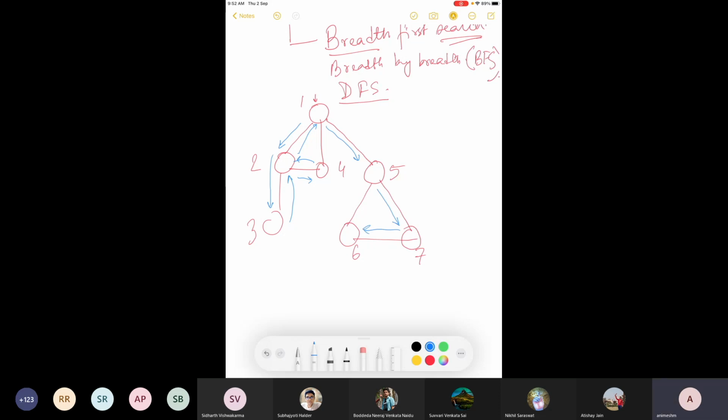It could have gone to 6 and then 7. Going to any one of these is possible. Goes to 7, goes to 6, come back to 7, come back to 5, and then come back to 1. So this is a depth by depth traversal.